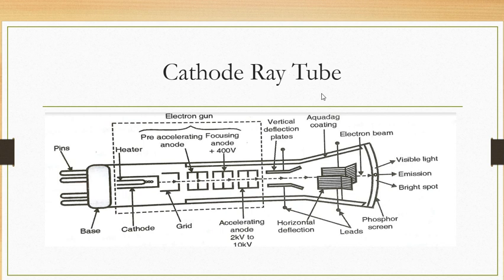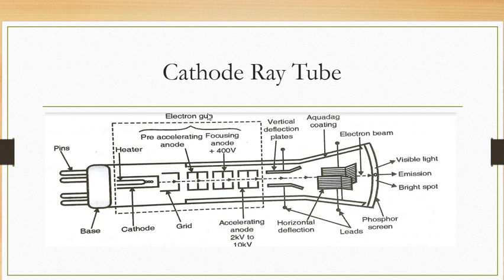I think in the animated video you have seen how the electron beam is deflected and how the electron gun is used. Again, the most important part inside the CRO is the cathode ray tube, the CRT, but the heart of this CRT is the electron gun.